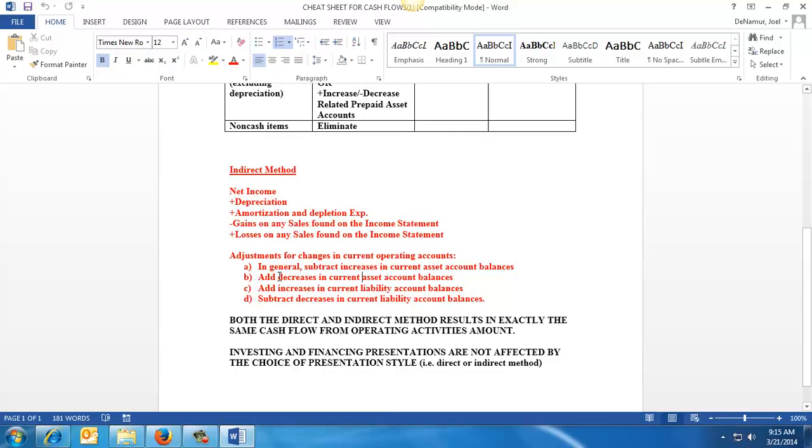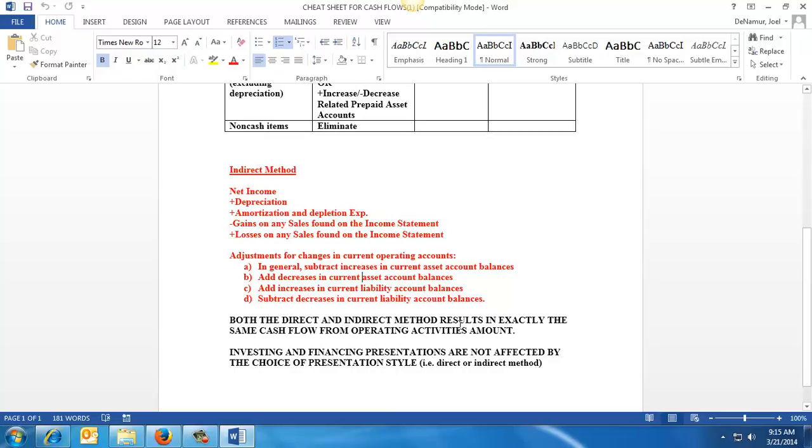So if inventory has gone down, we will add the inventory decrease to the amount of net income. Liabilities are the exact opposite. If a current liability has increased, we will add that increase. For example, wages payable, and then the opposite, if wages payable has decreased during the year, we will subtract that decrease.